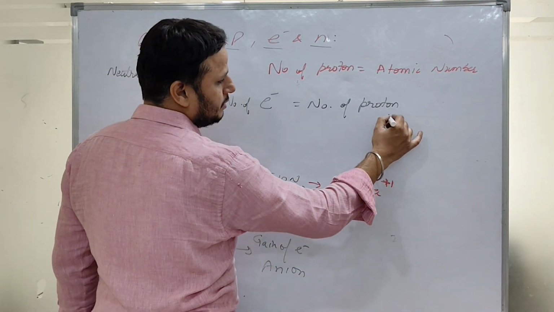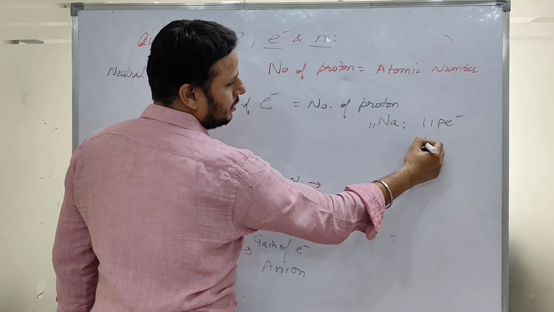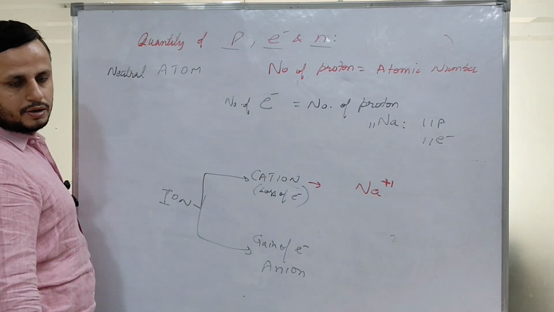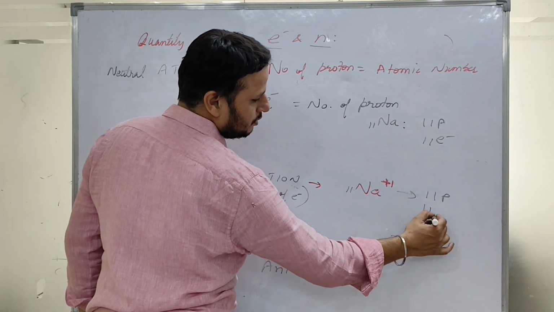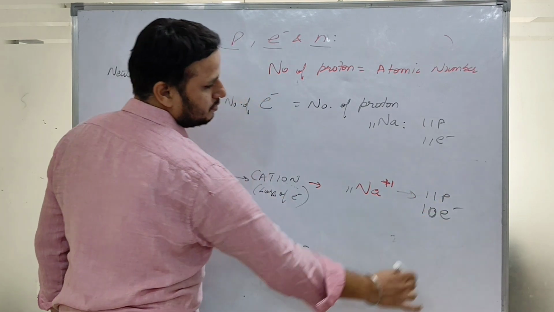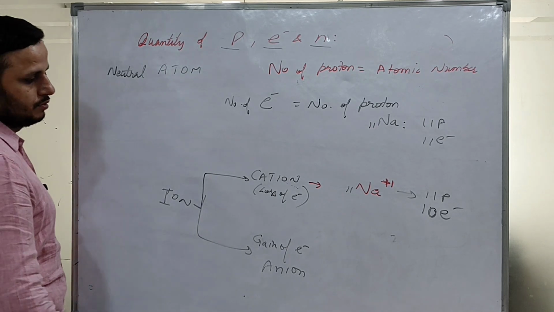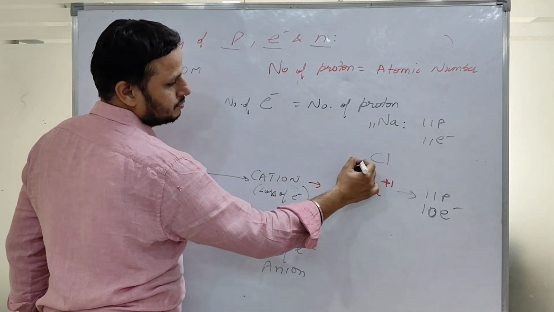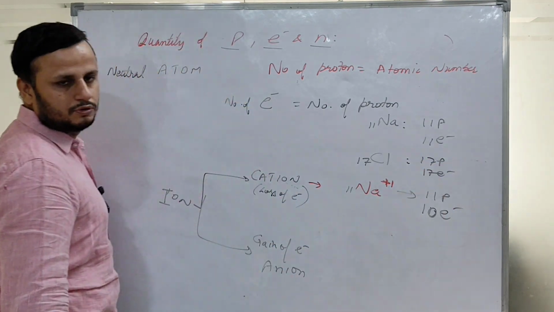तो अगर सोडियम एटम की बात करें तो इट हैज 11 प्रोटॉन एंड 11 इलेक्ट्रॉन. बट अगर सोडियम कैटायन की बात करें तो प्रोटॉन्स तो सेम रहेंगे, ओनली इलेक्ट्रॉन इज लेस. एंड क्लोरीन atomic number 17, 17 proton, 17 electron in neutral state.